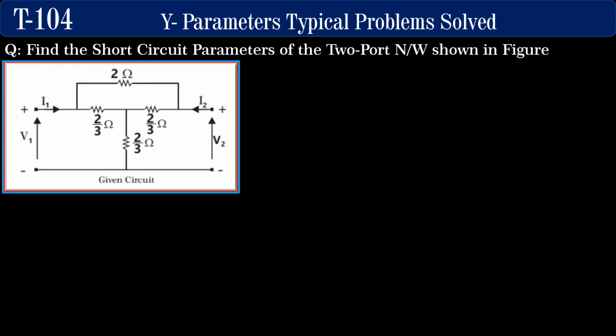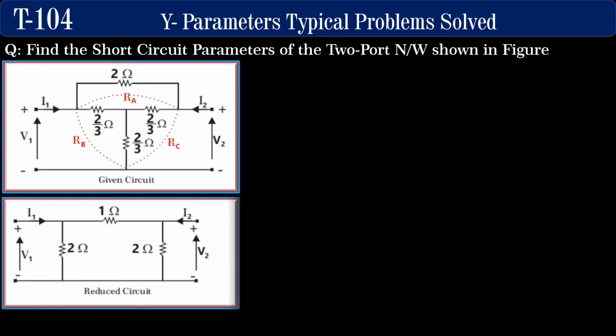But friends, in this problem, we shall not transform this star network into a delta network or obtain the pi network, and let us not convert these resistances. Instead, I will show you the solution applying the terminal conditions, and we shall find the parameters.